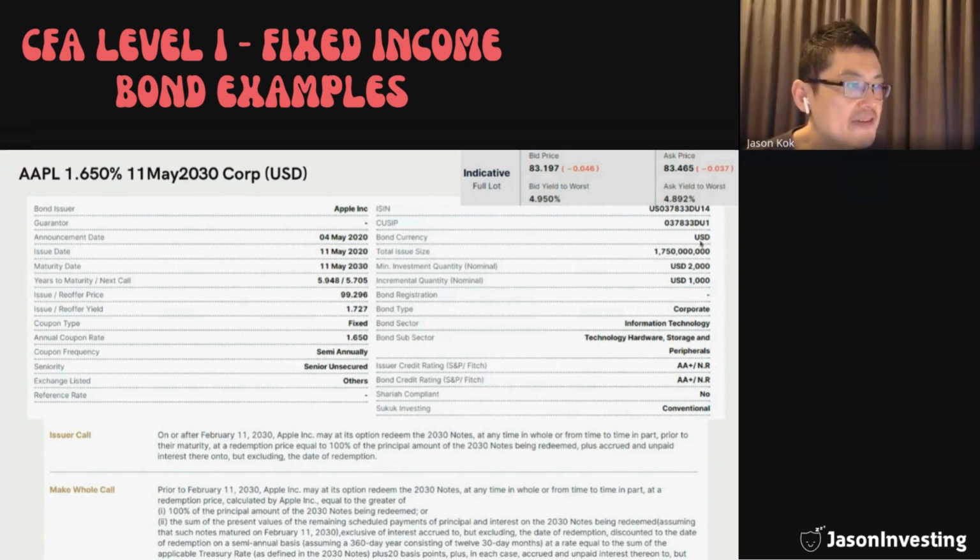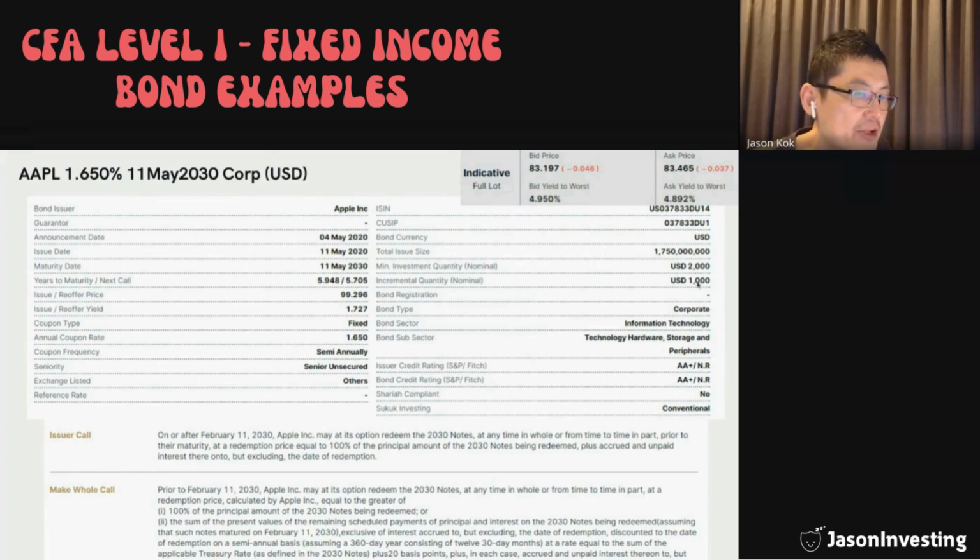And the bond currency is USD. So this is the total issue size. For this whole bond, Apple is borrowing $1.75 billion. Last week, I was saying that there's a high nominal quantity. But when I searched for these bonds, it turns out that you can actually buy a minimum of 2,000 USD of this particular bond, and every increment is 1,000.